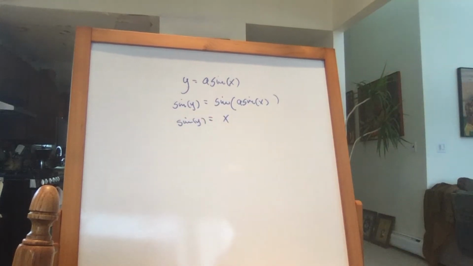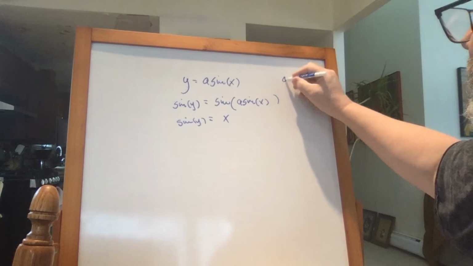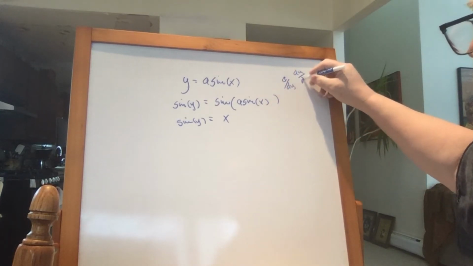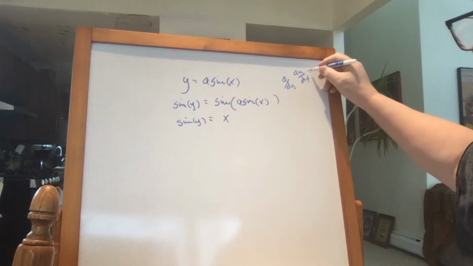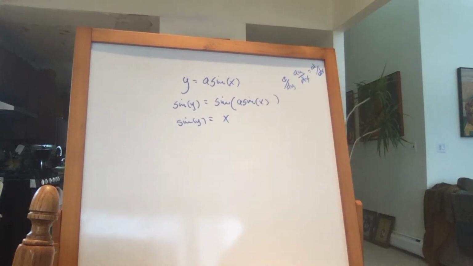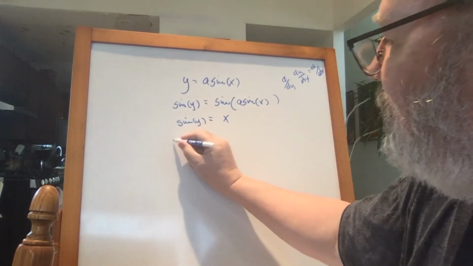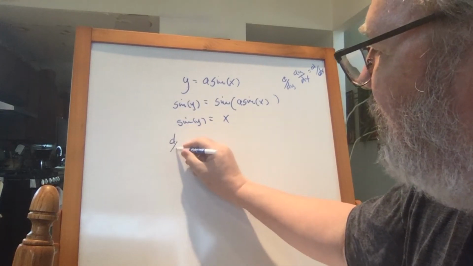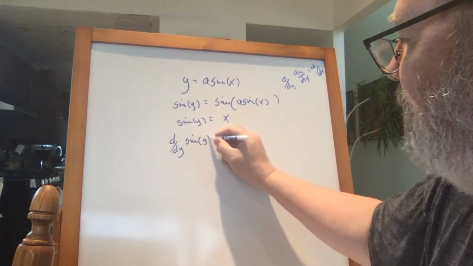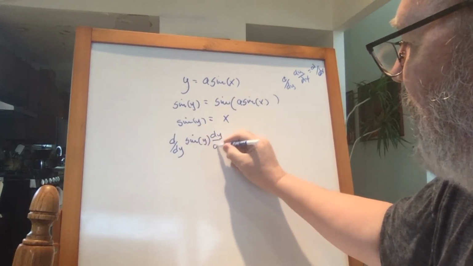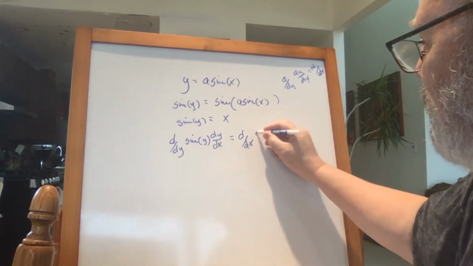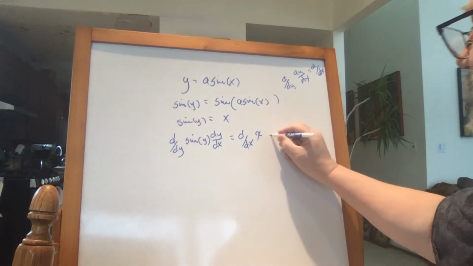And then we apply the chain rule. d dy of sine y, dy dx equals d dx of x, and that's equal to 1.